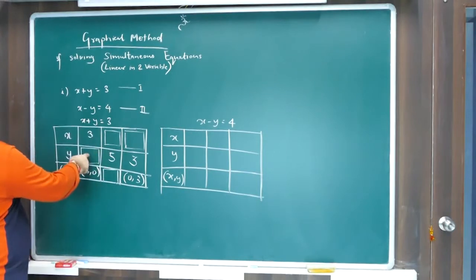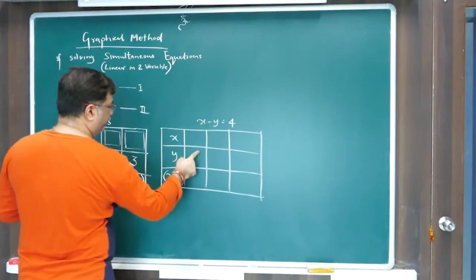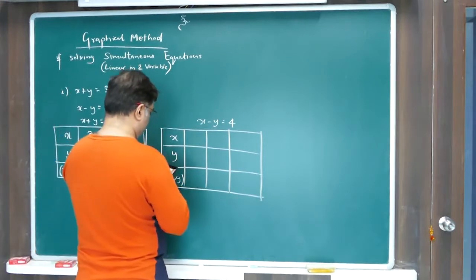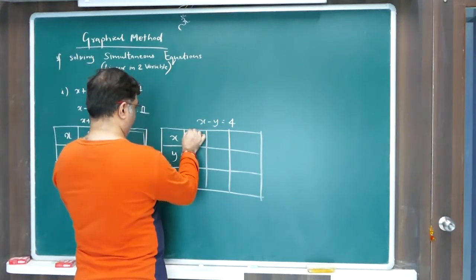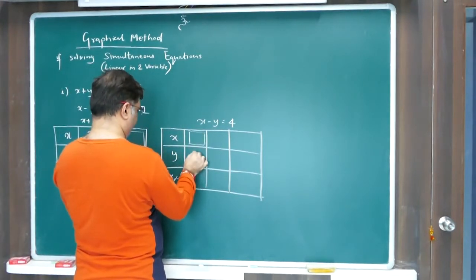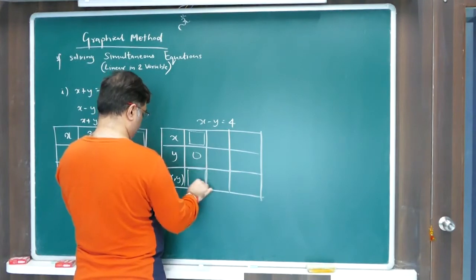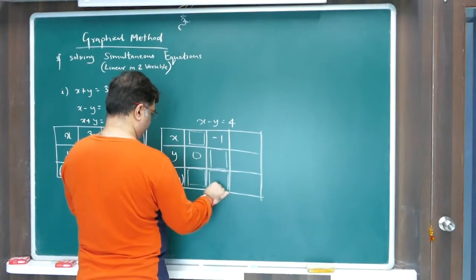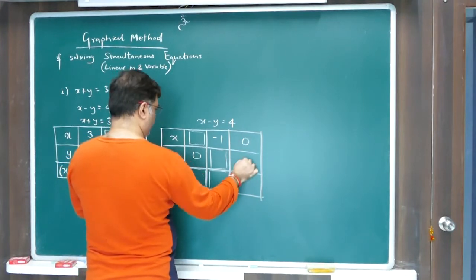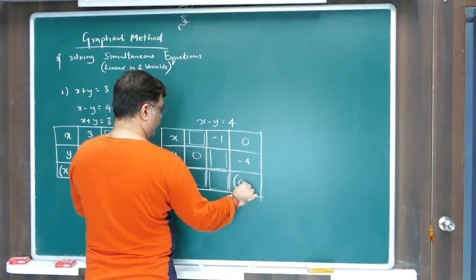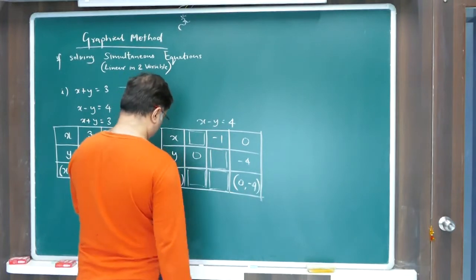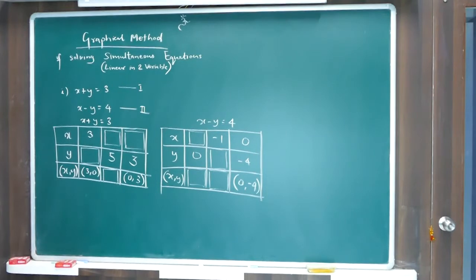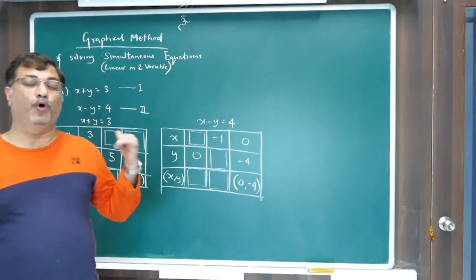So each coordinate table is based on its own equation. Alright? Here you have a box which we have to fill. Here you have 0, here you have a box. Minus 1, you have a box here, a box here. You have 0, you have minus 4, you have 0 comma minus 4 here. Alright? So filling up this coordinate table is of prime importance first, right?